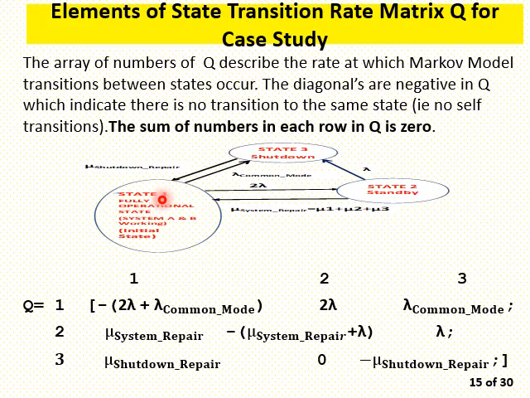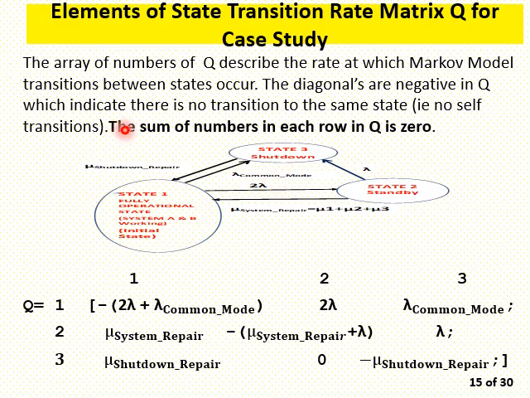You can see that the transition rate between state 1 and state 2 is 2 lambda, as shown here. Similarly, the transition rate between state 1 and state 3 is lambda common mode, which is shown here.